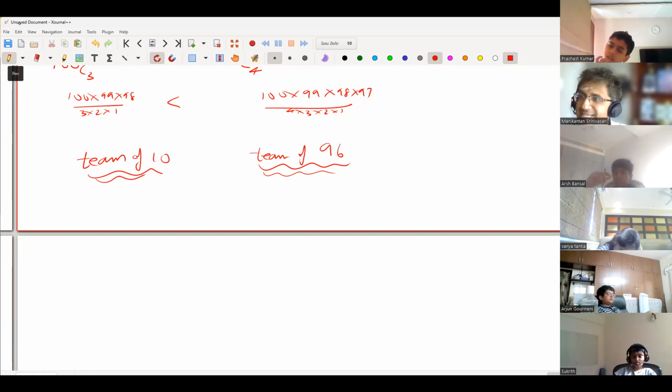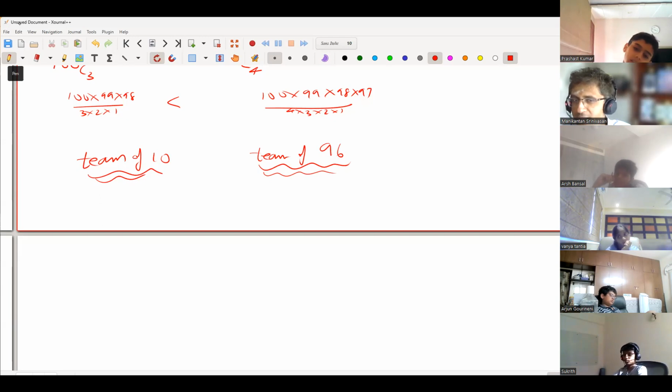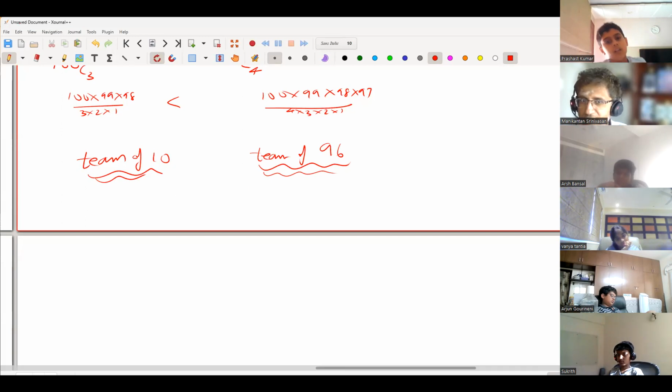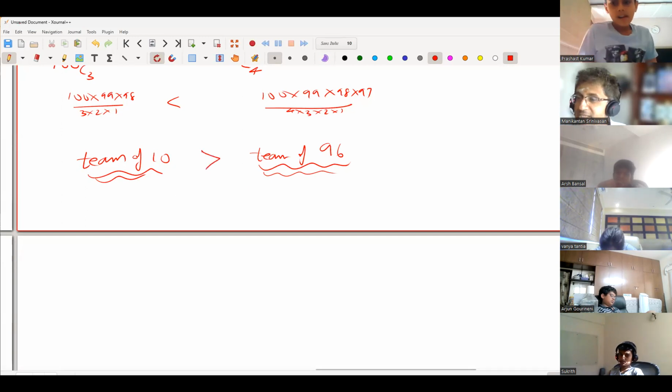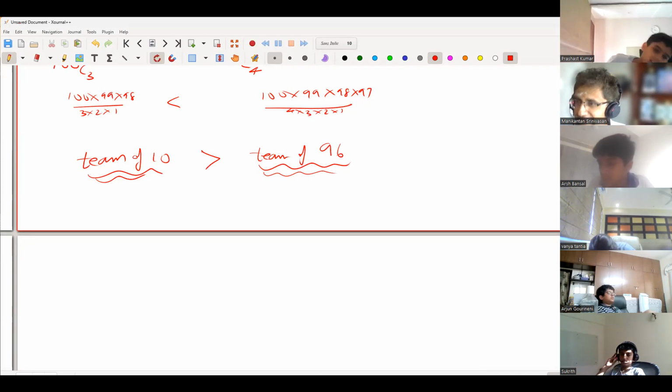So in a way, she's selecting a team of 4, the team of worst 4. And by selecting the worst 4, she's automatically selecting a team of best 96. The choices for selecting 4 are less than the choices for selecting 10. So the number of ways of selecting 10 is more than selecting 96.